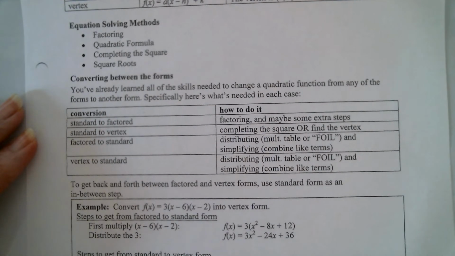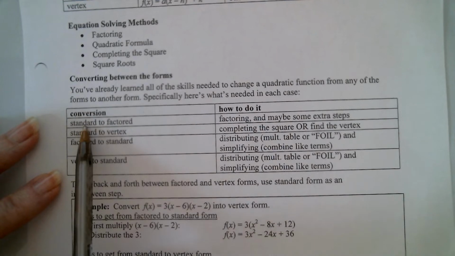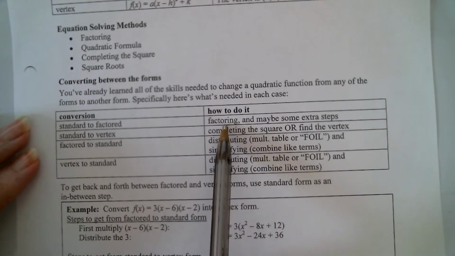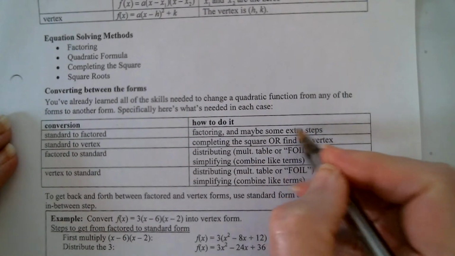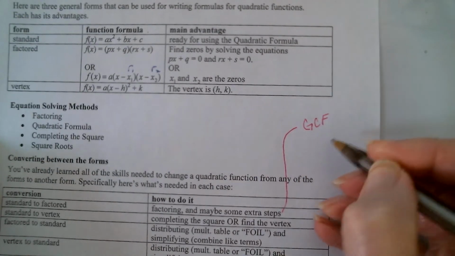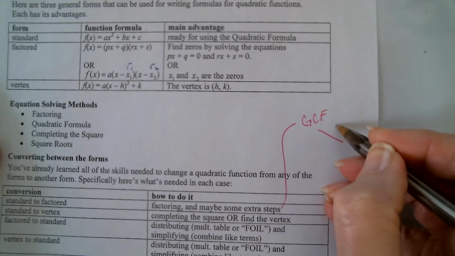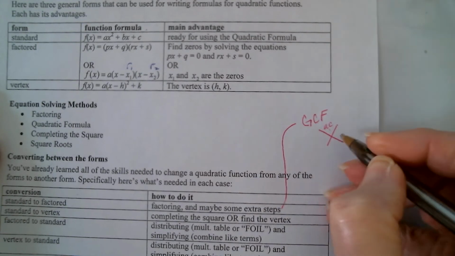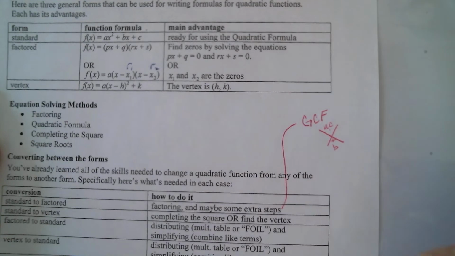If we are trying to convert from standard to factored, well, we factor. The extra steps mentioned here are probably about the greatest common factor. Remember, when we're trying to factor, we can use this x method of what multiplies to be a times c but adds to be b.